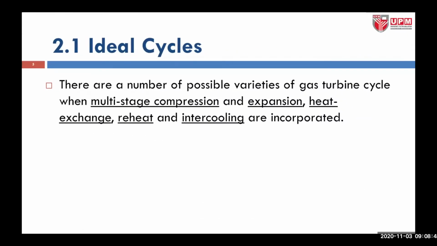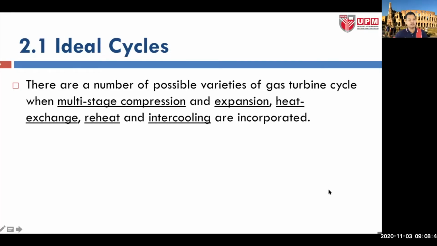If we look at the ideal cycles, there are a number of possible varieties of gas turbine cycle when multi-stage compression as well as expansion, heat exchange, reheat, and intercooling are incorporated.